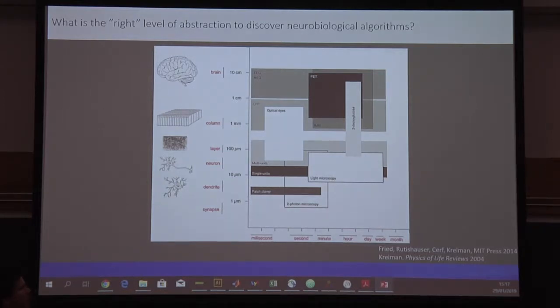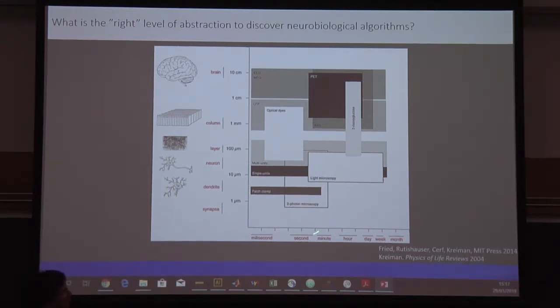We can study brains by looking at structures that are below 1 micron, which is what happens at the level of the synapse or even ion channels, all the way to whole networks that may span multiple centimeters. At the same time, we can study sub-millisecond computations all the way to developmental processes that may take place over days or weeks or months.